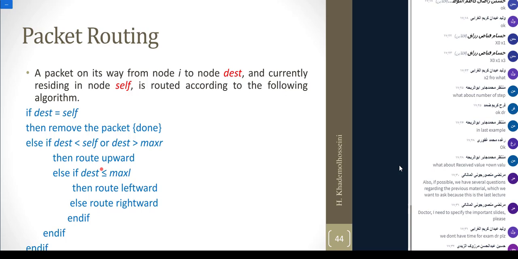Why? Because we must go up to the root to find the destination. Else, if dest is less than or equal to max L, then route leftward, else route rightward. It is based on pre-order.